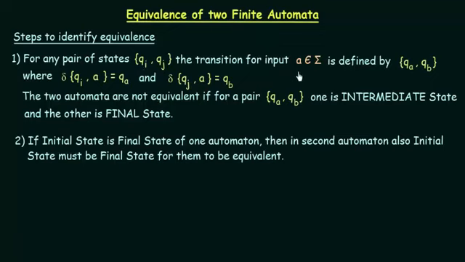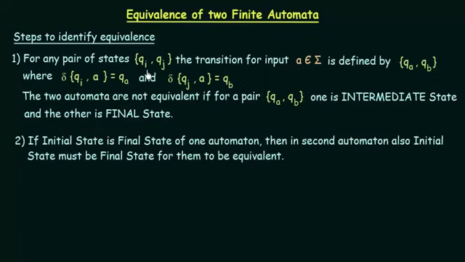Then let's say we have an input a present in both automata, and we see the transition of this pair on getting the input a. That means, where does qi from the first automaton go on input a, and where does qj from the second automaton go on this particular input a.